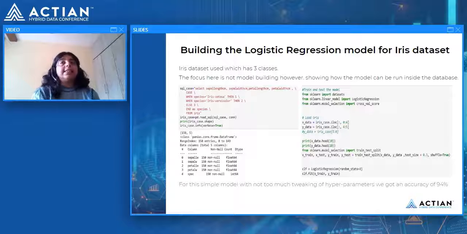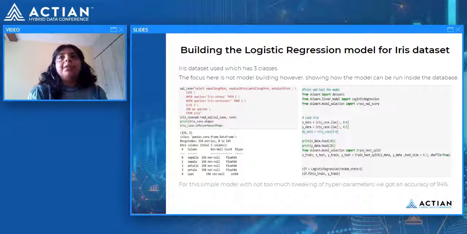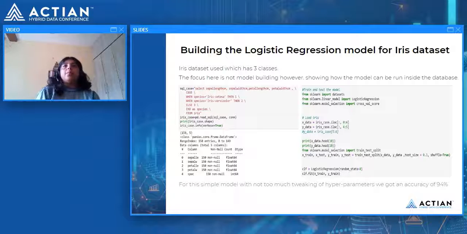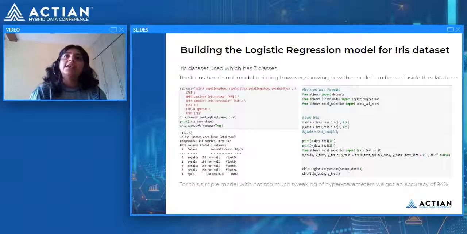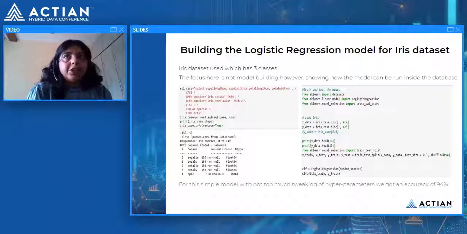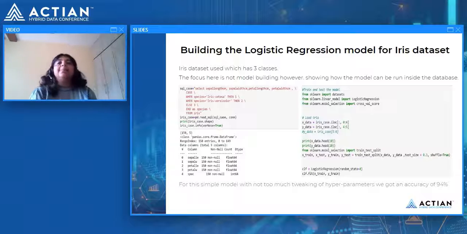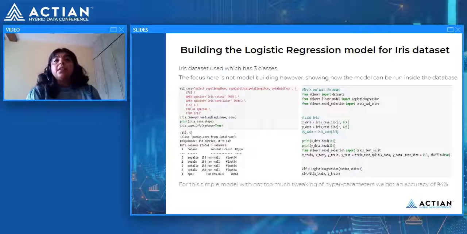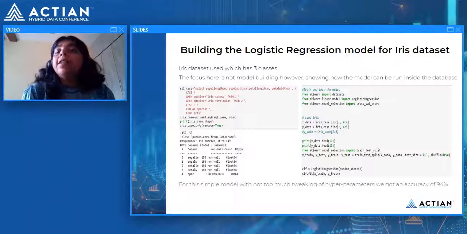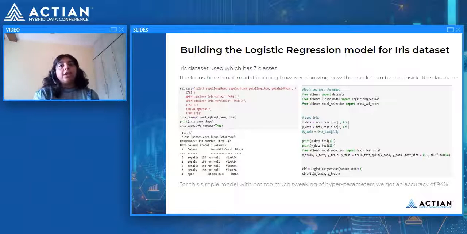Once your model is ready, you can simply test how it is working. Since our aim here is not to tweak the model or make it run very well, I have simply used the defaults which come with the logistic regression model in scikit-learn and created a model out of it.